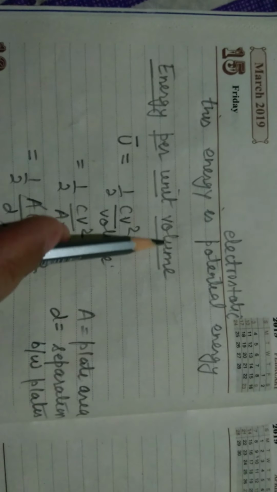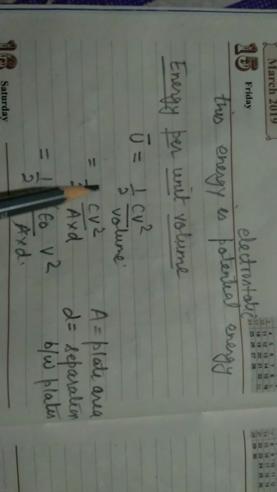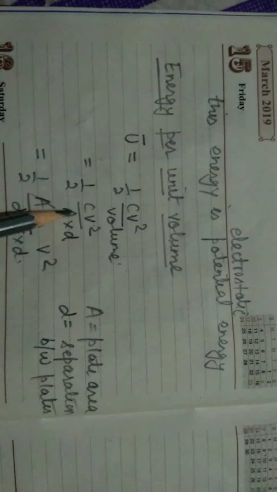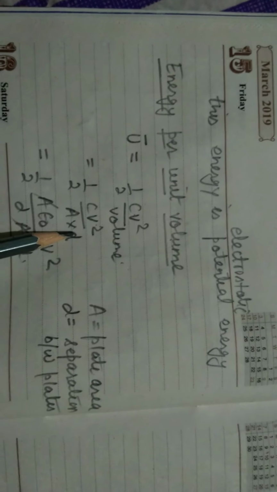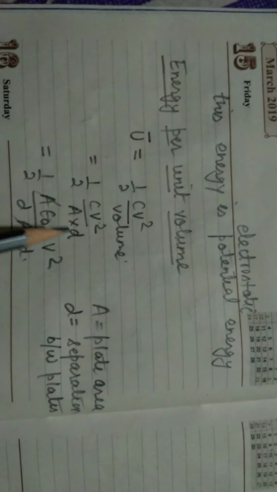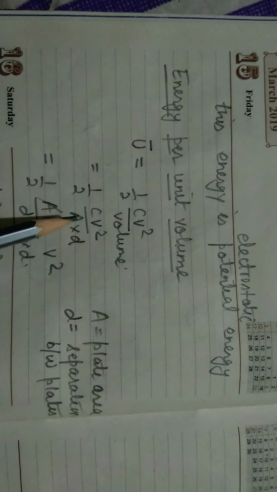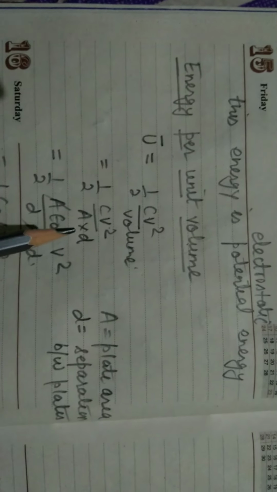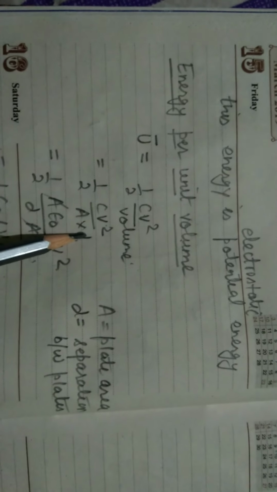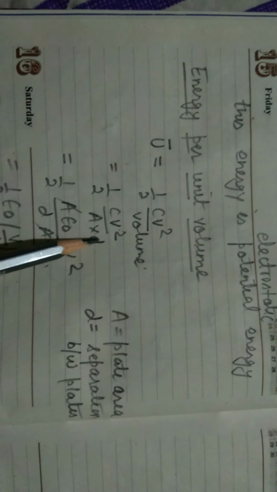Volume will be the plate area multiplied by the separation between the plates. If we have a parallel plate capacitor, then it is a cuboid, so the volume is the area of the plates multiplied by the gap between the plates.